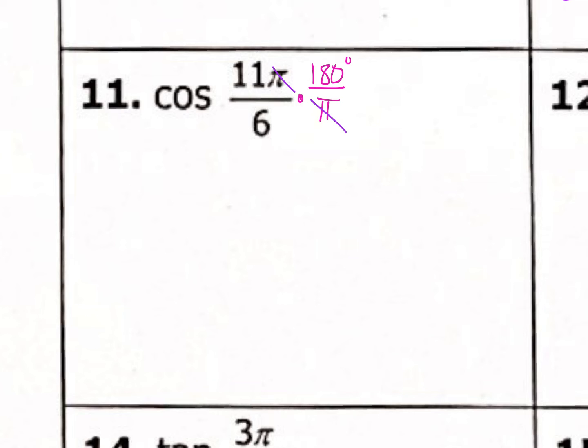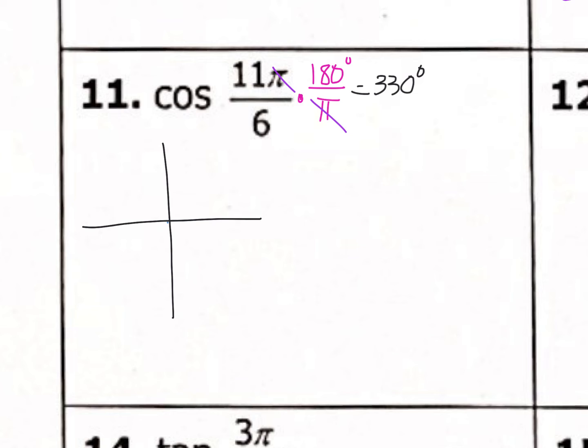So 11 times 180, enter, and then divided by 6, enter, and you should get 330 degrees. That enables us to determine where in the coordinate grid 11 pi over 6 is, and also what the reference angle is.